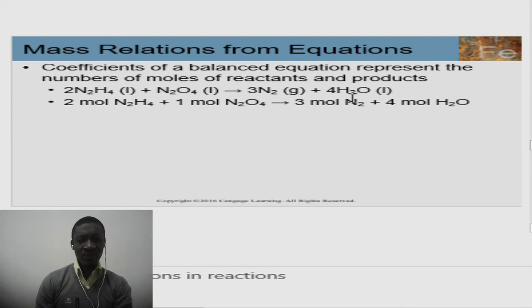What went wrong? Well, notice that the mass will still be intact on both sides, because you have 2 of the nitrogen, 4 of which is 8 now, and then you have 4 here, 2 here.